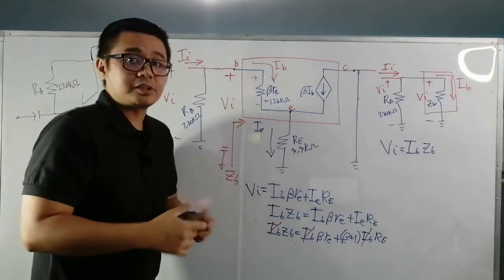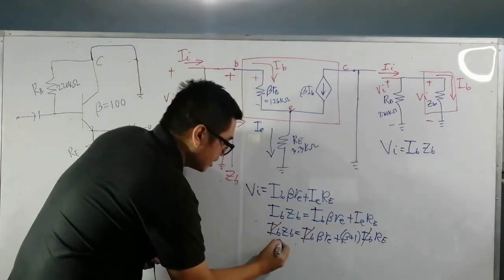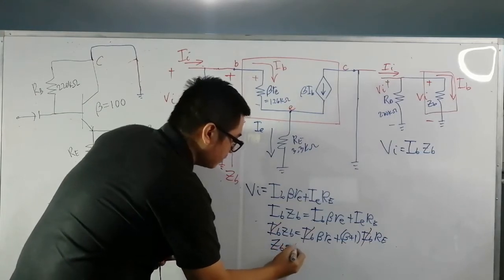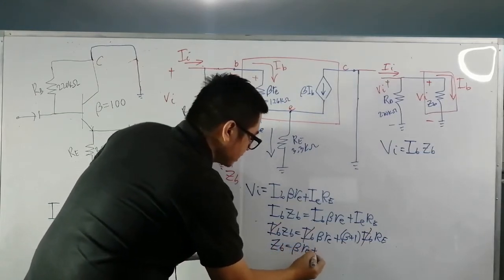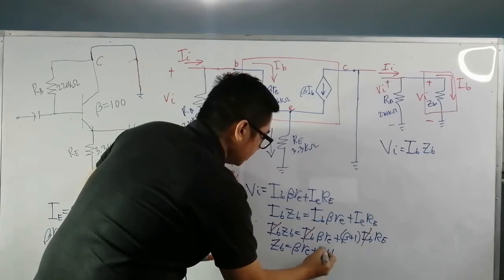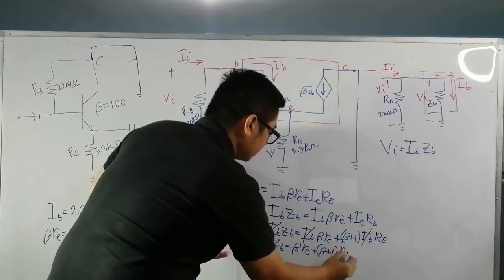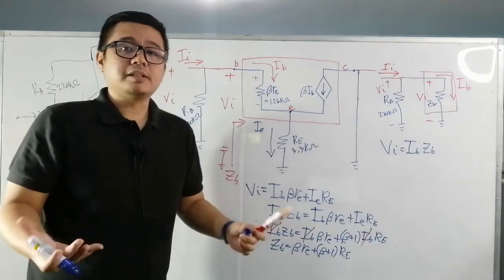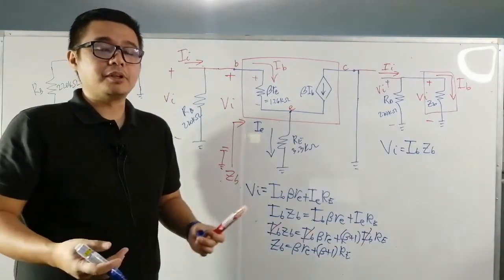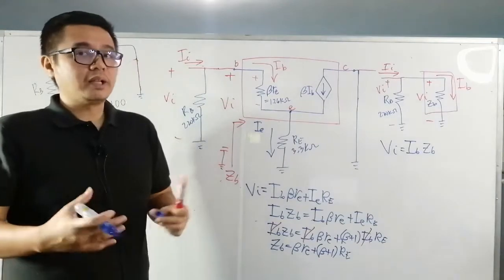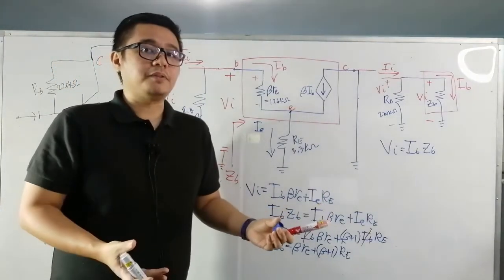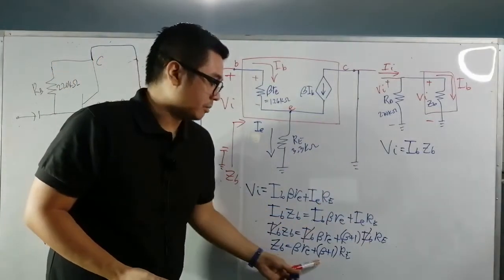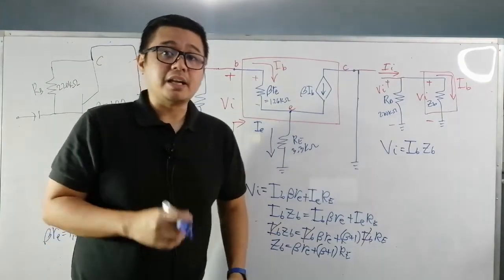Ang matitira na lang dito sa equation natin is Z sub B equals beta RE plus beta plus 1 times R sub E. But since ang beta natin is in the range of hundreds, no? For example, 250. So 250 plus 1 is 251. Pero pwede natin i-approximate yung beta plus 1 na maging beta na lang.